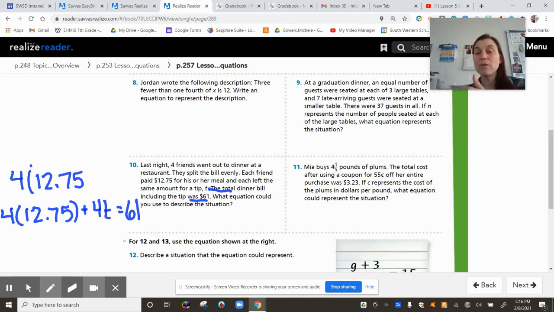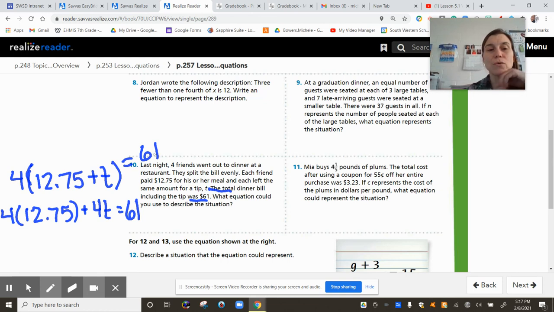That's going to happen one more time. $12.75 plus a tip. It happens 4 times. 4 people are giving you $12.75 plus a tip. That happens 4 times. Once all that's compiled together, that equals $61. So that's the other way to write that equation.